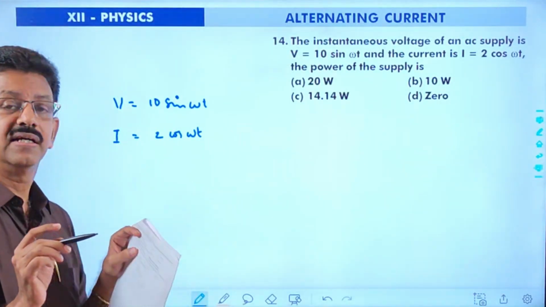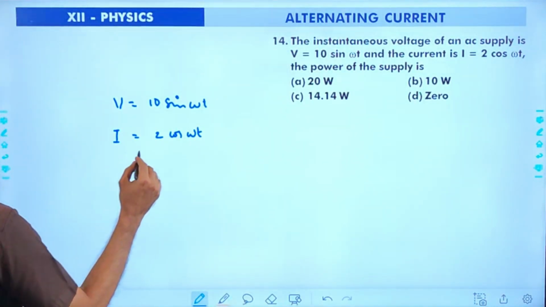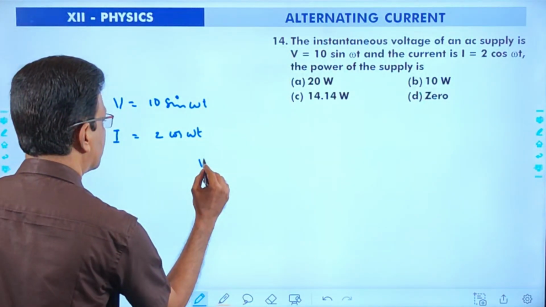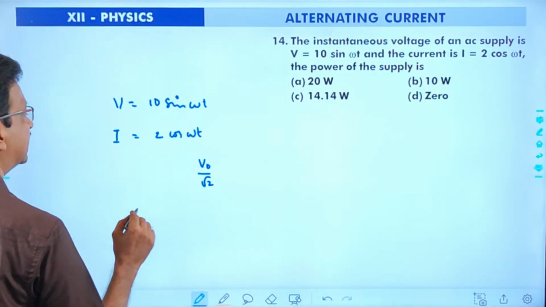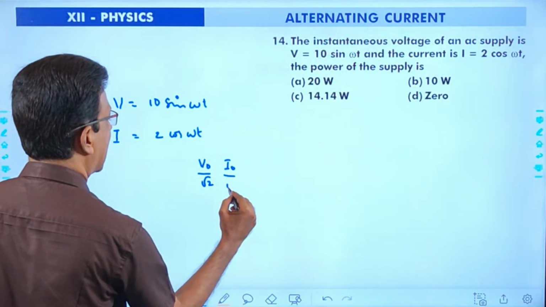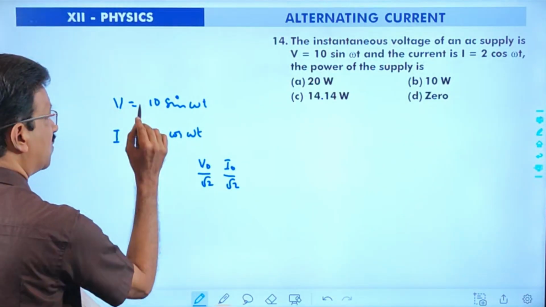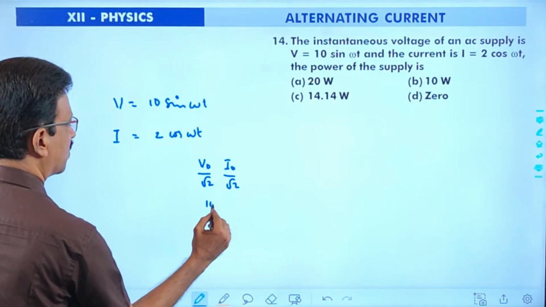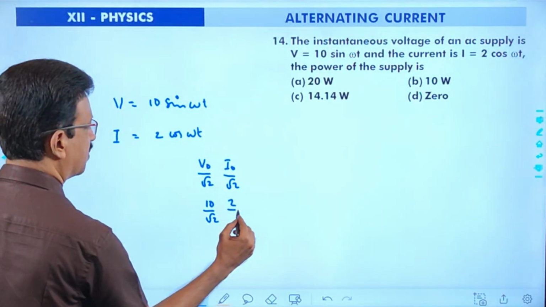V0 is 10. Therefore, the RMS value is V0 by root 2. V0 by root 2 will give the RMS voltage. Similarly, I0 by root 2 will give the RMS value of current. Here, RMS value of voltage is 10 by root 2. Similarly, RMS value of current is 2 by root 2.